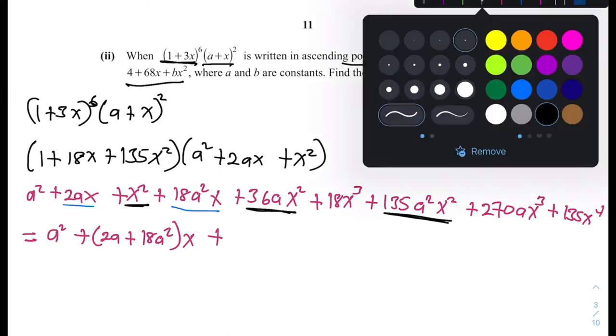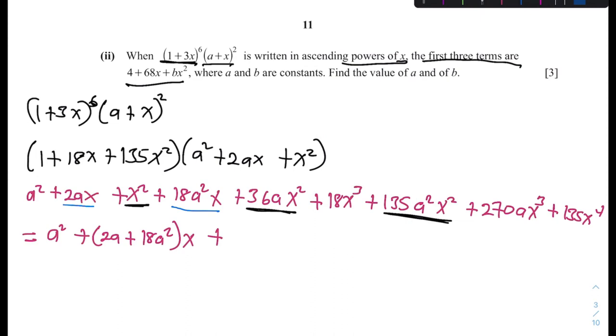Okay, so that means we can write 1 plus 36a plus 135a² x². All right, so remember that the question said what we have done here is equivalent to this.